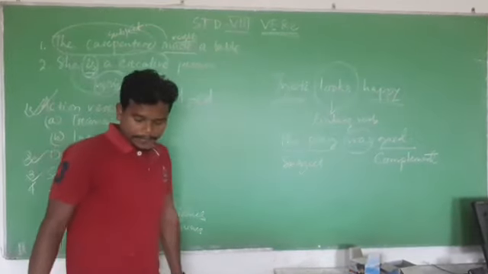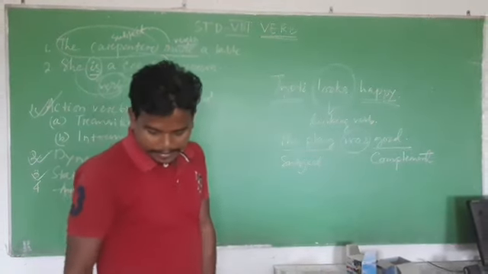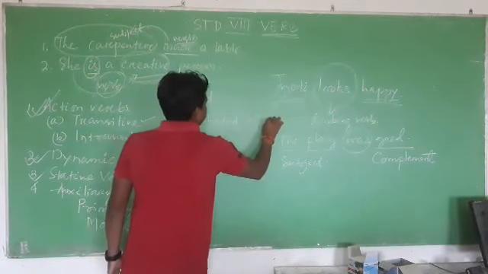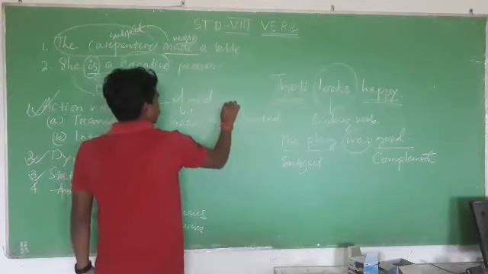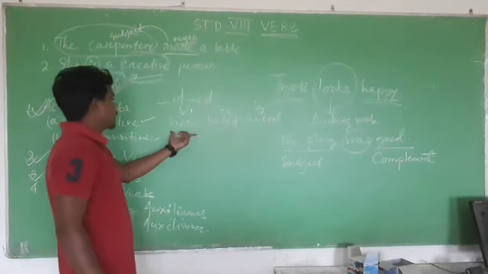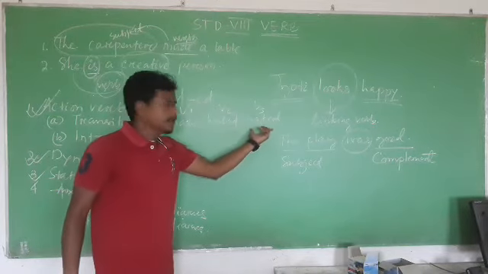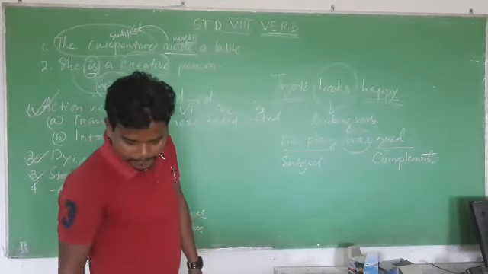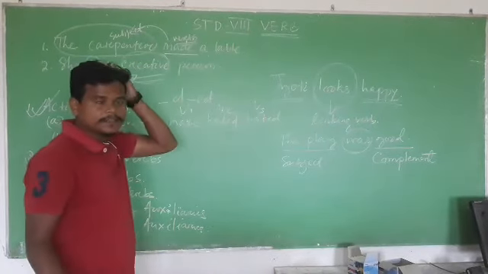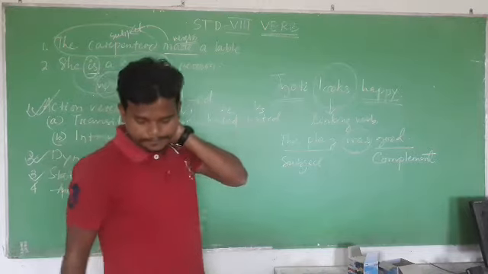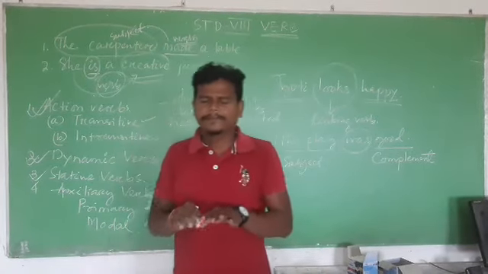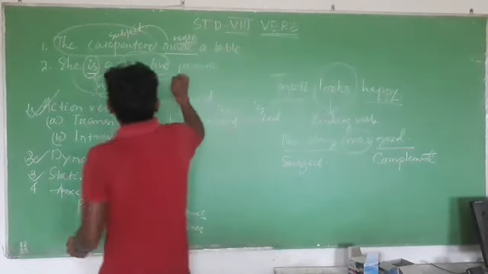Like hat, hatted, hatted. This is V1, V2, V3. Present, past, participle. Start, started. Roll, rolled. Love, loved. So these are all regular.